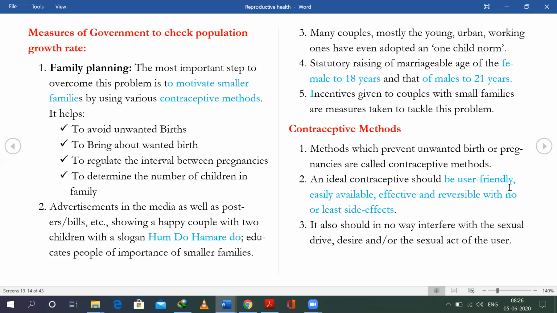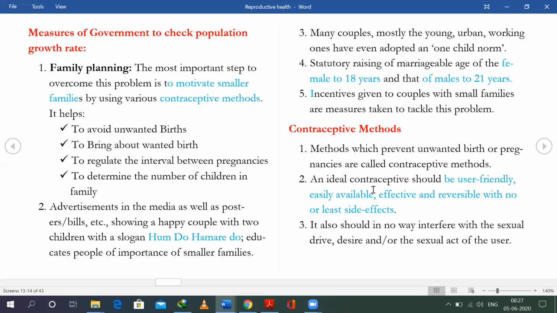As long as you use it, these changes can be made, but once you stop using it, the physiology has to be brought back to normal, and the person has to be reproductively healthy again. And it should have the least side effects. There will obviously be some side effects, because you are interfering with something very natural, so we need to make sure there are fewer side effects, right?